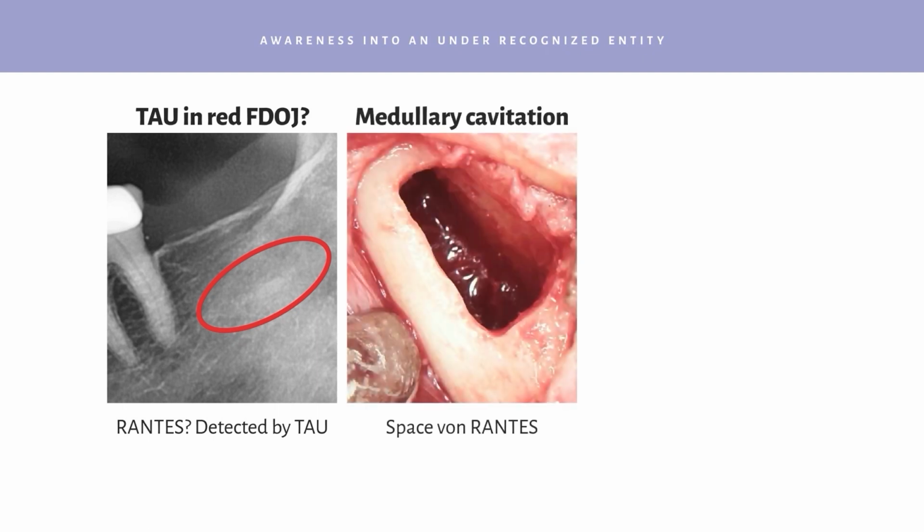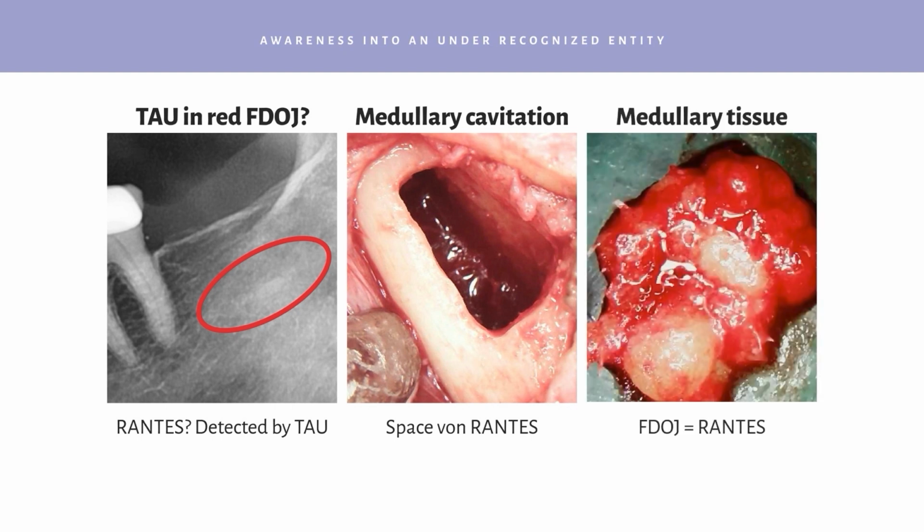And with the next picture, I show you a clinical case. On the left slide again, a totally inconspicuous X-ray, but you see the red spots in the TAU machine. Next slide, you see how deeply the fatty degenerated area goes down to the inferior alveolar nerve, and on the right hand you see the scraped out sample of fat we send to the lab for the RANTES diagnosis.